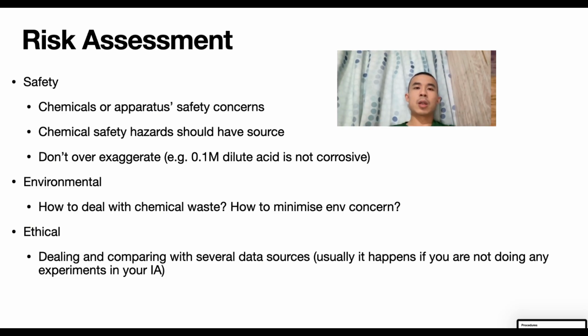All the data that you collect is from secondary sources, and you need to compare several data sources. In this case, ethical concern is something that you should be addressing, like what are the ethics when you are trying to collect or select data, etc. Usually, when we're talking about ethical concern, it's more on this side. So I think for most of you, if you're doing an experiment and you cannot find an ethical concern, you might as well not write it or just say no ethical concern.